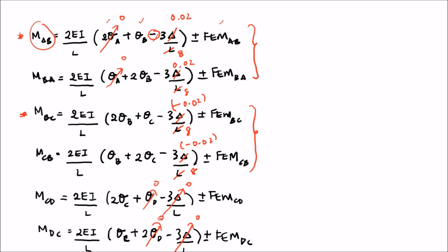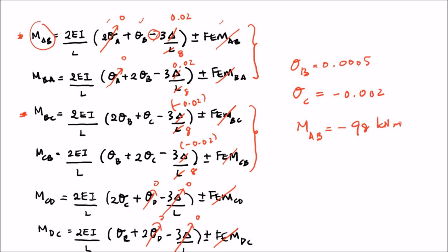And don't forget, all of your fixed end moments are 0 because you don't have any load. Then you can try and solve this problem, basically just using equilibrium. You will get theta B equals 0.0005, theta C negative 0.002, and your moments negative 98. Then you can go on solving the others.